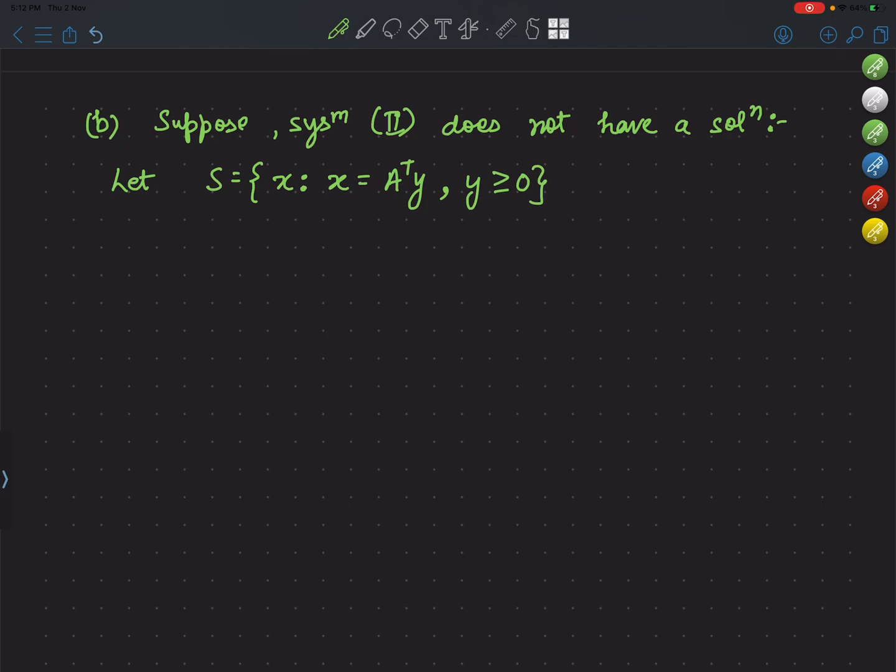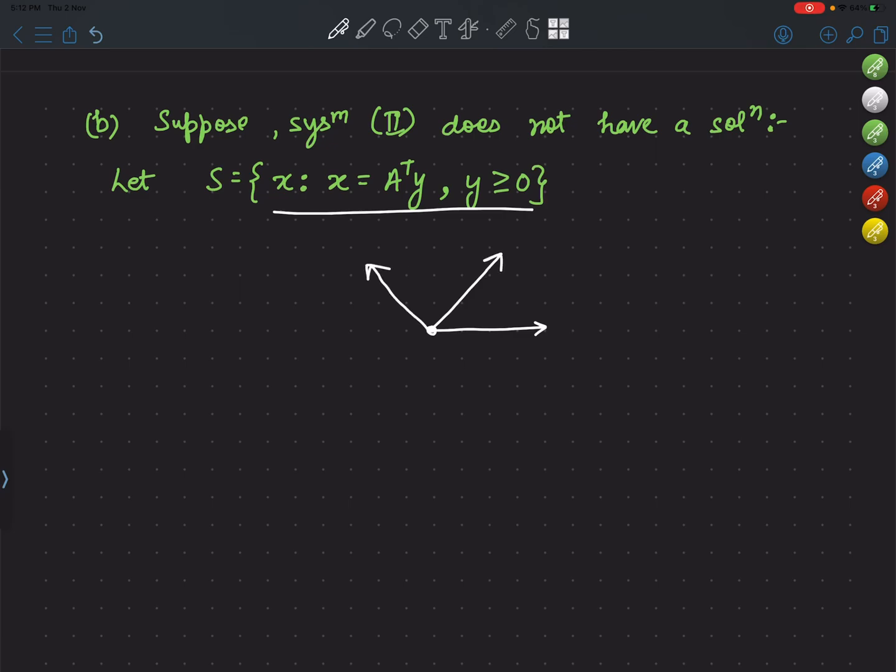Okay, now you can see what this set represents.